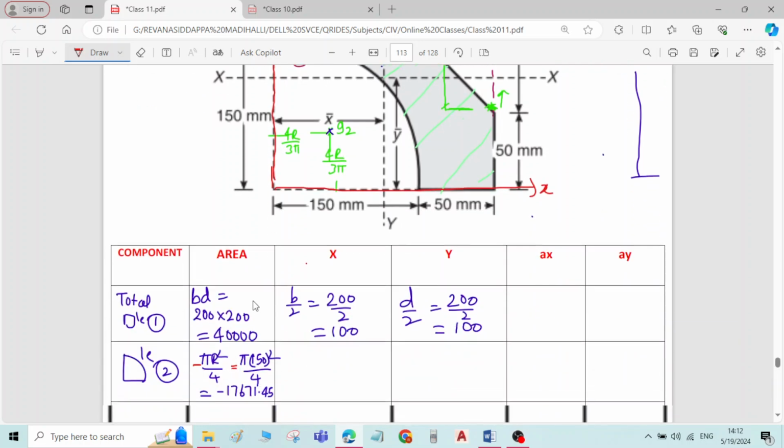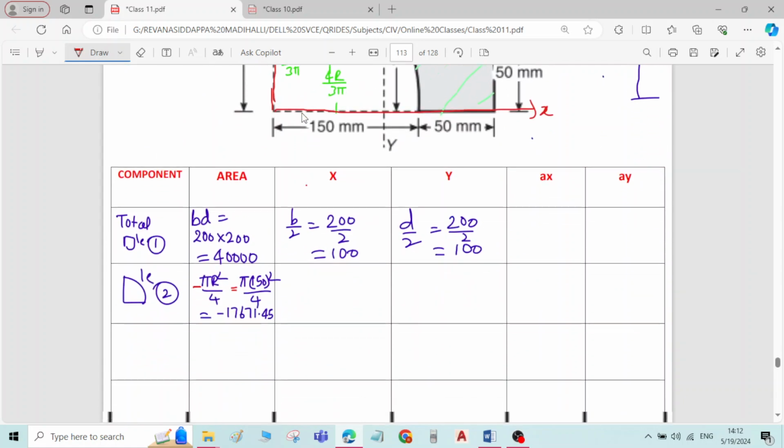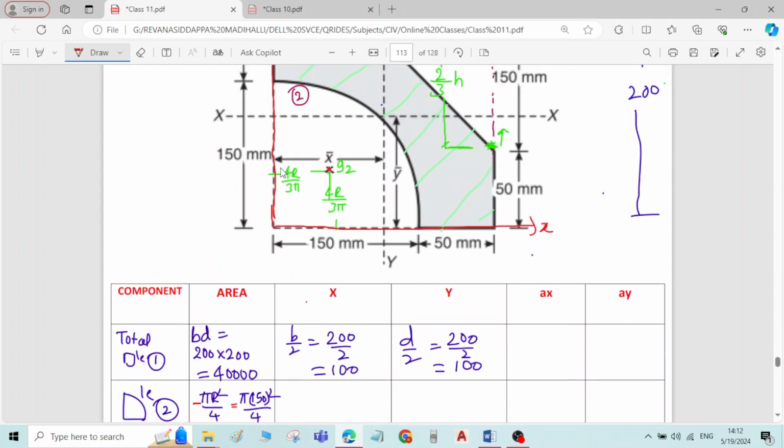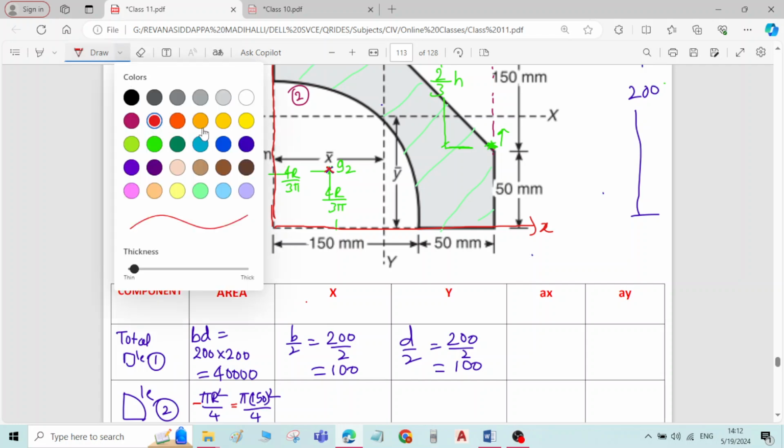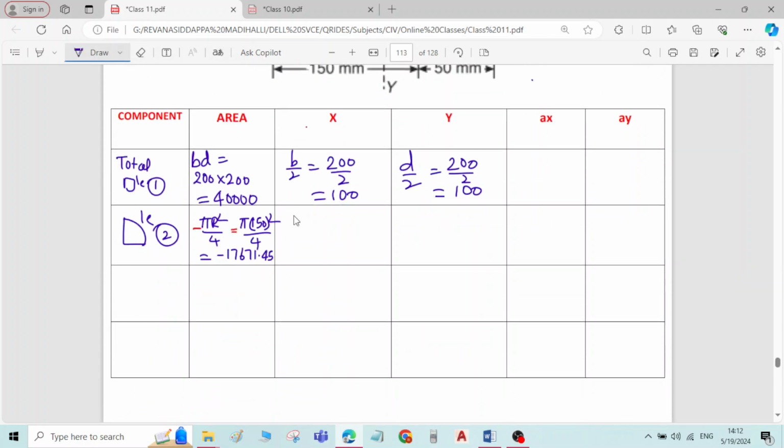Now the x value for the quadrant of the circle is the distance of G2 from the reference y-axis. It is directly 4r by 3 pi: 4 into radius 150 mm by 3 pi. The answer is 63.66.